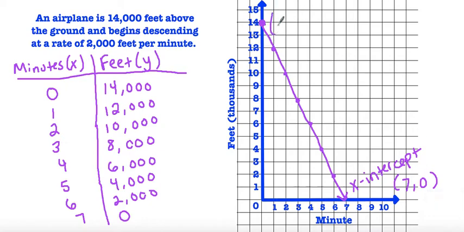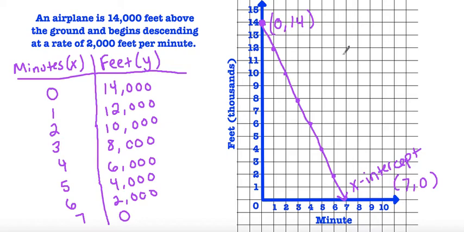And our y-intercept is 0, 14, meaning that at 0 minutes, the airplane is 14,000 feet above the ground. So in this problem, our y-intercept is where the airplane currently is, and our x-intercept is where it lands.